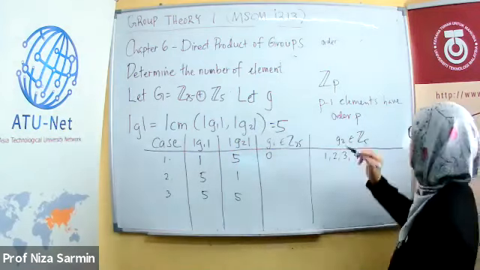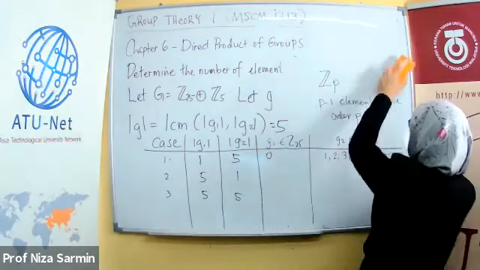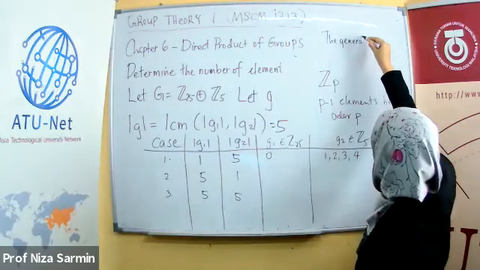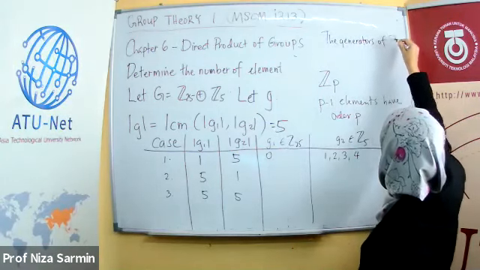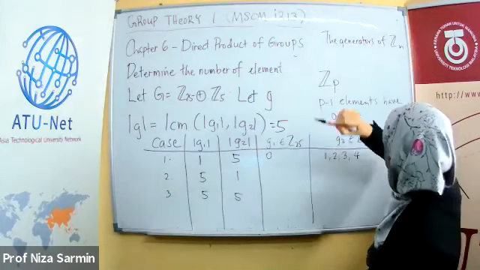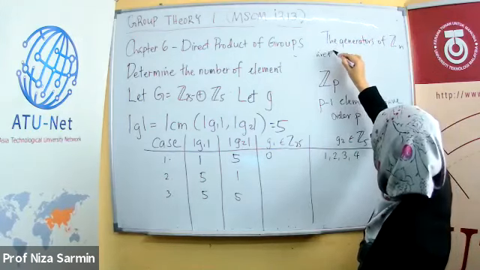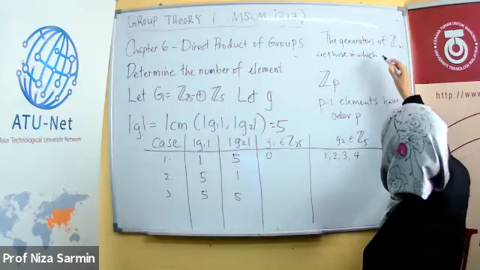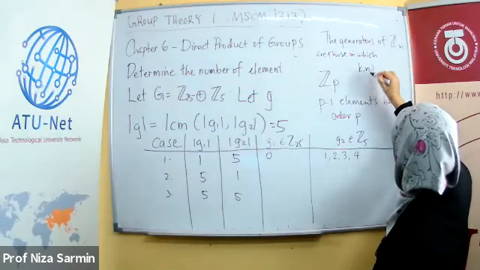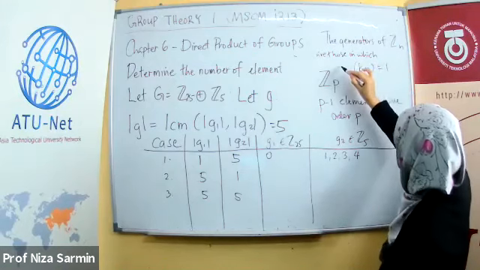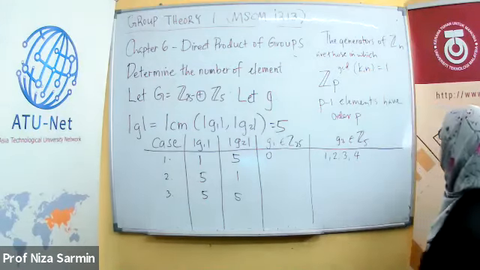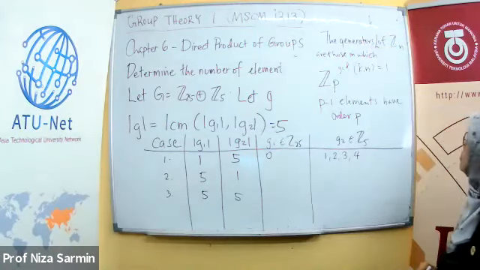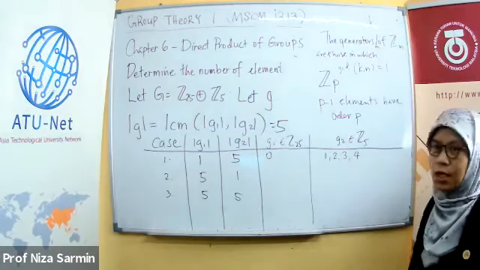Okay, the generators of Zn are those K in which the GCD of K and n is 1. The generators K of Zn are those in which the GCD is 1.